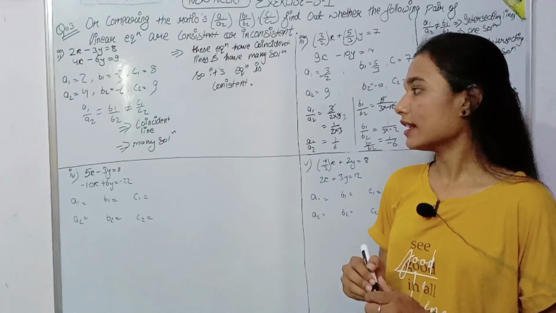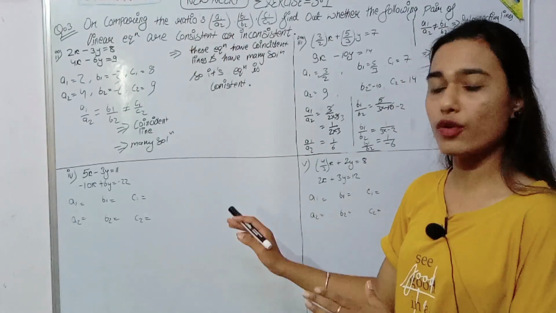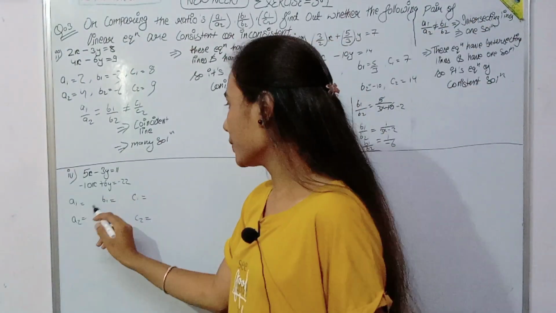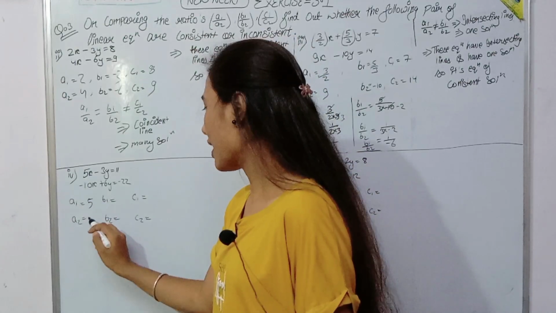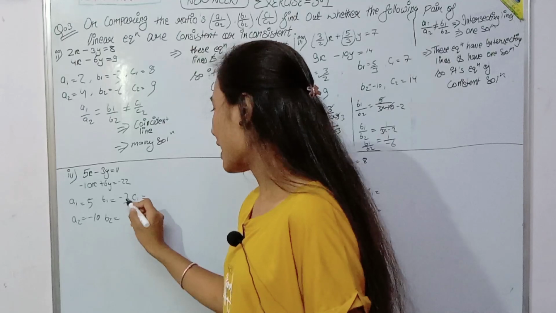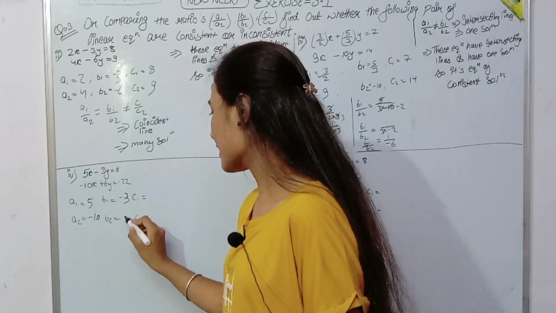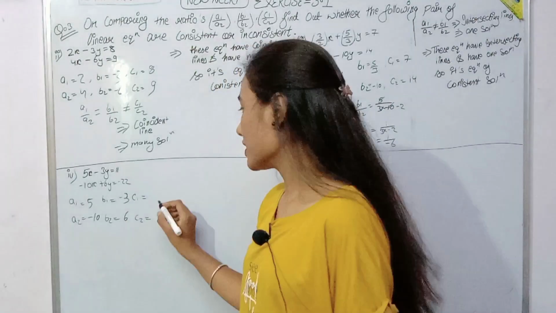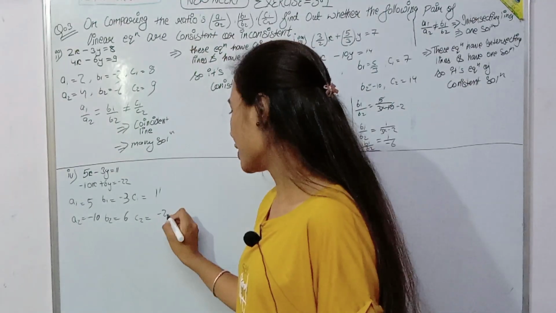So move to the next question, that is part 4, in which a1 upon a2 is 5 upon minus 10, b1 upon b2 is minus 3 by 6, c1 upon c2 is 11 by minus 22.